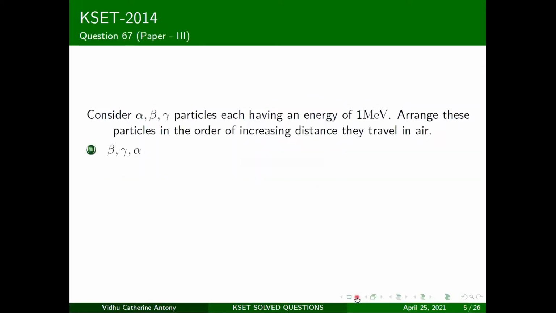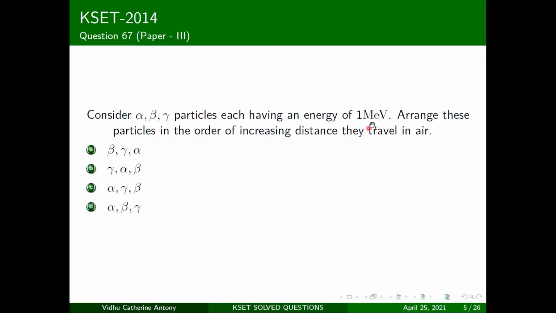Let's move on. Okay, so this is pretty simple. This is something that you've learned in your middle school physics or chemistry for that matter. Consider alpha, beta, and gamma particles, each having an energy of 1 MeV. Arrange these particles in the order of increasing distance they travel in air.